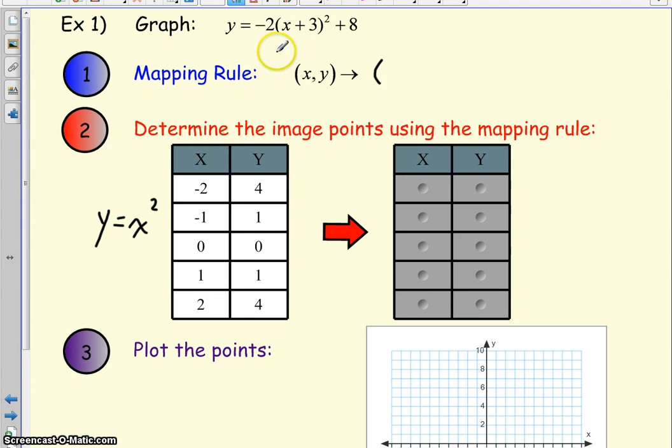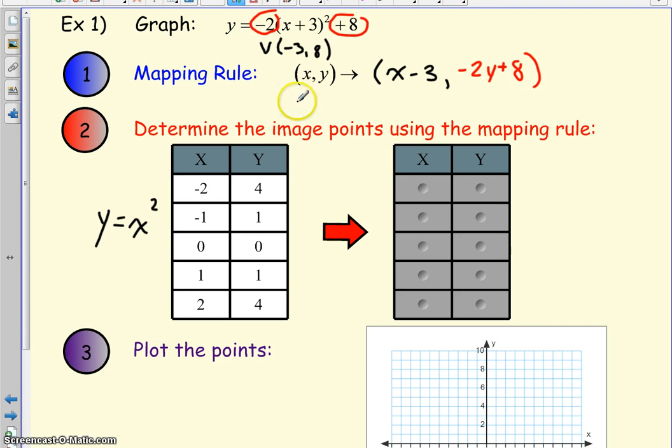Our vertex here is actually going to be at (-3, 8). So in terms of a transformation, I move to the left 3, which means in my mapping rule I have x minus 3. For the y value of my mapping rule, I have an a value of -2. That gives me a reflection and a vertical stretch of factor 2, so I have -2y, and then I'm shifting up 8 from there. So that gives me my mapping rule.